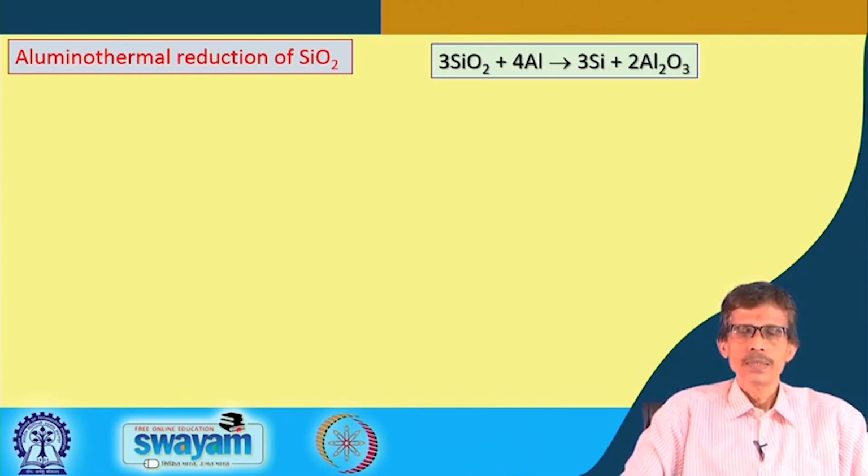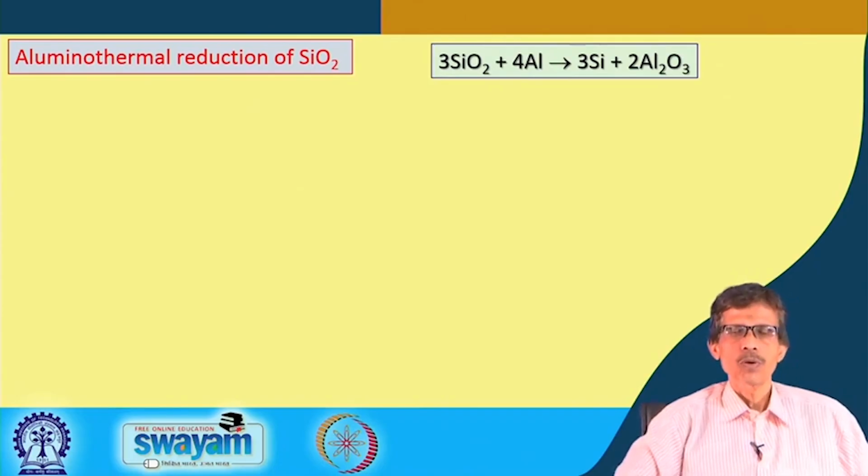Similarly, the aluminum can also take out that oxygen which is attached to your silicon. That means the oxides can be reduced. So, any metallic form or the metalloid form of oxides can be reduced to its elemental form. So, that is the most important or the strategic course of action.